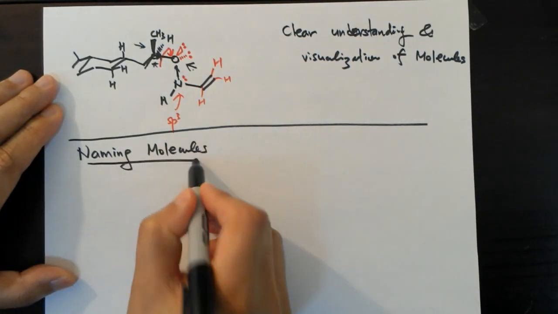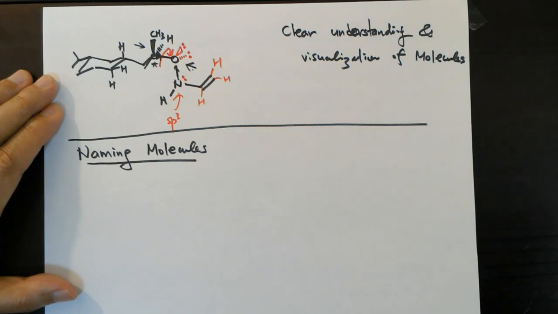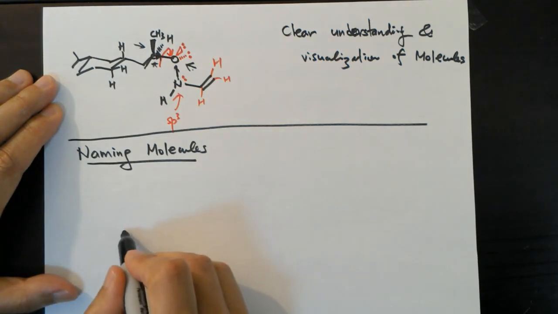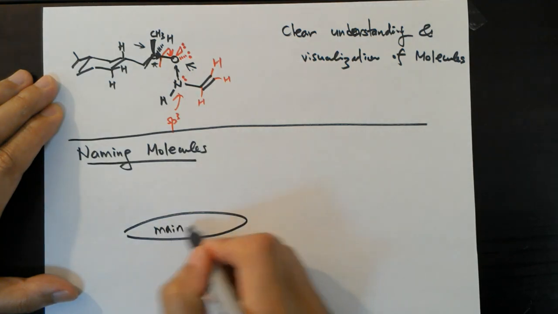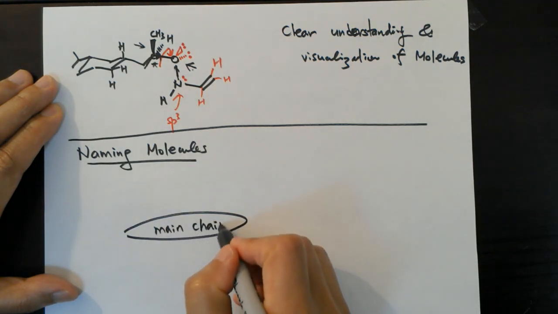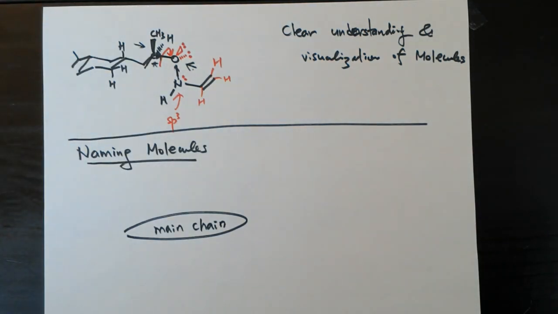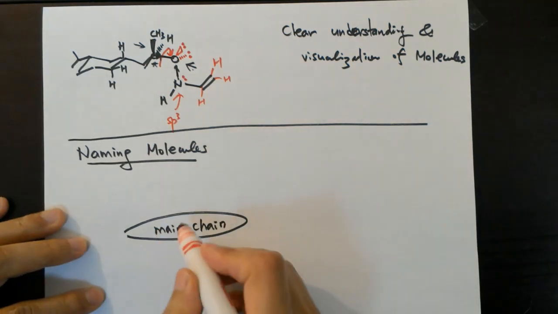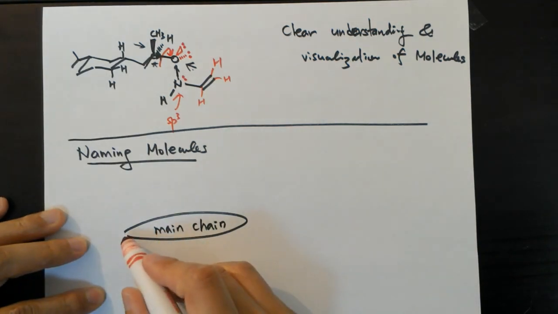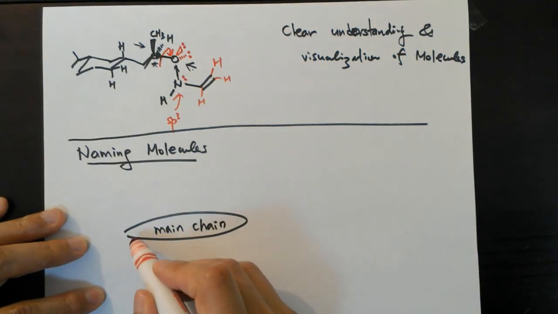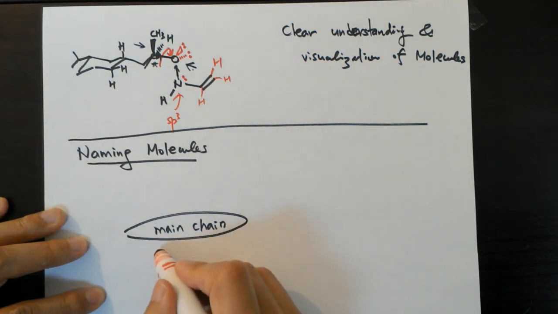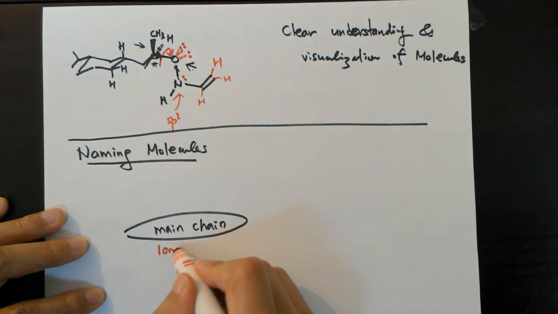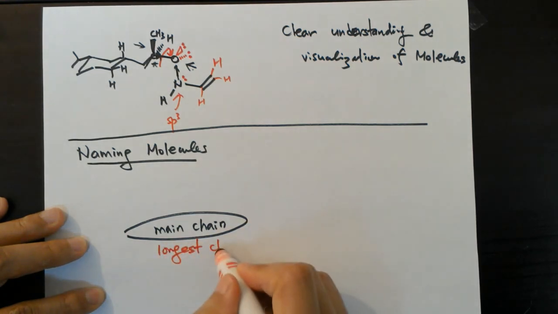First, in order to name a molecule, you have to find the major part. So main chain or mother chain. That's usually the part of the molecule that has a consecutive connection of carbon, and that should be the biggest and longest chain of carbon.